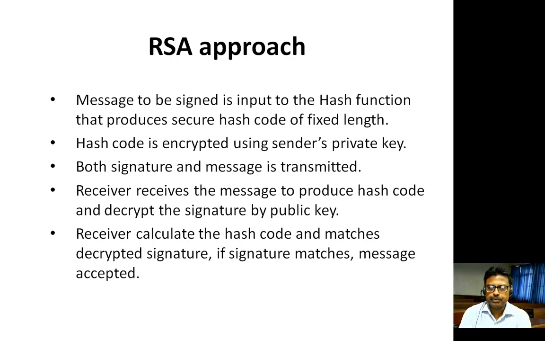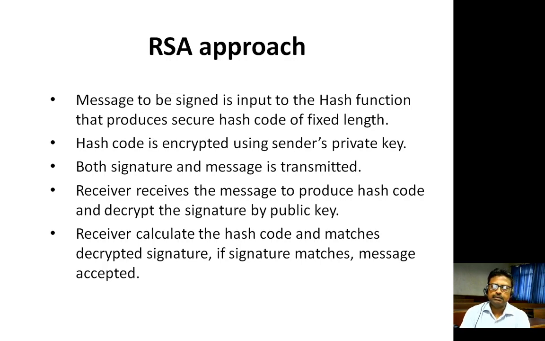The first approach is the RSA approach. As mentioned earlier, asymmetric cryptography is a little bit disadvantageous if we try to encrypt a whole message of a larger size, because the ciphertext generated may be larger than that.